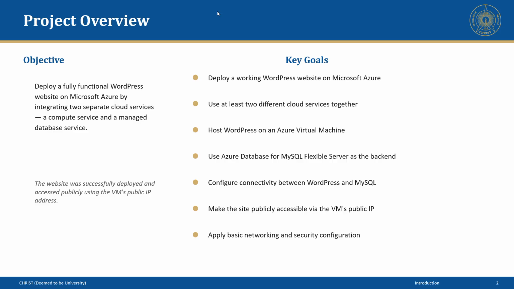I also configured the connectivity between these two services and made the WordPress website publicly accessible through the virtual machine's public IP address. So the main goal was not just to install WordPress but to demonstrate how different Azure cloud services can work together to host a complete web application.